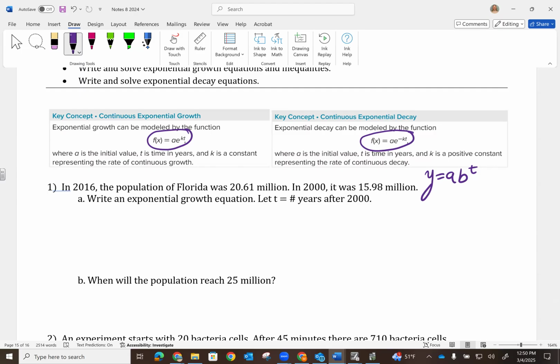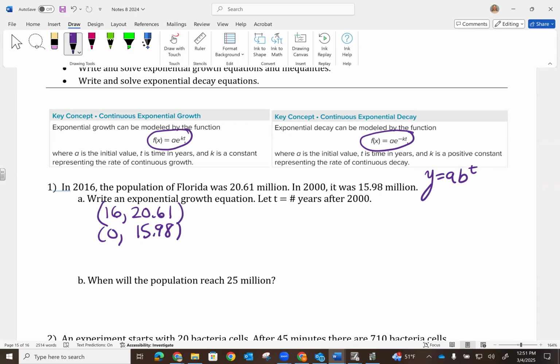Okay. And so we have to write this as ordered pairs. In 2016, there were 20.61 million people. Okay. So X, Y. In the year 2000, there were 15.98 million people.